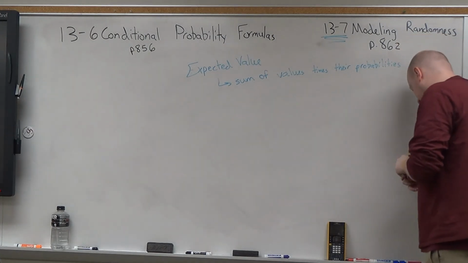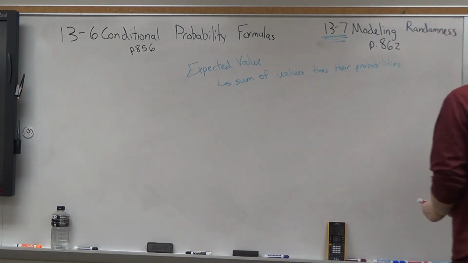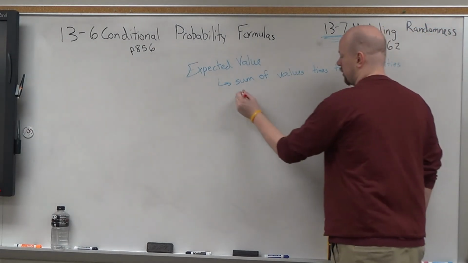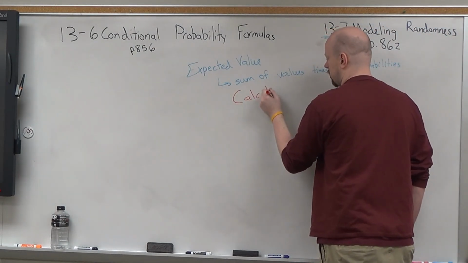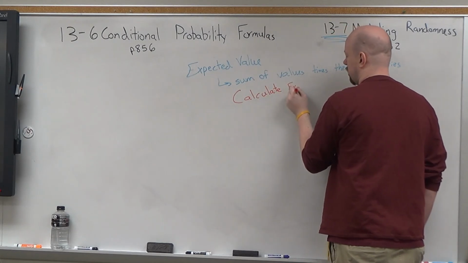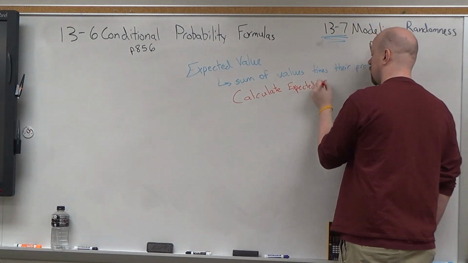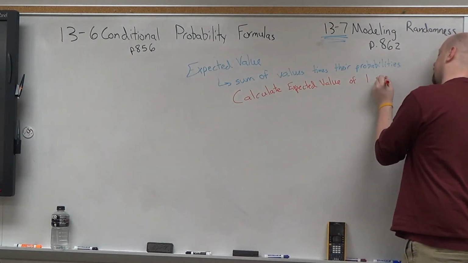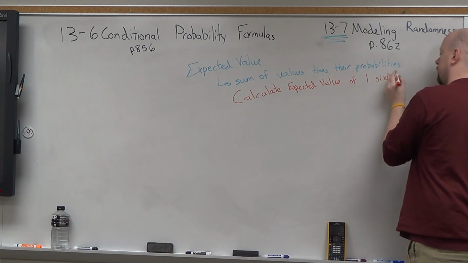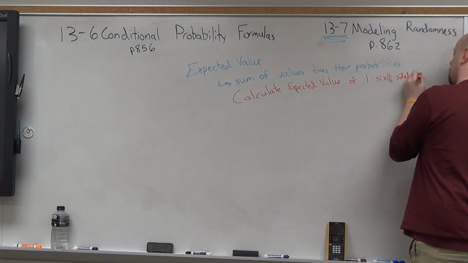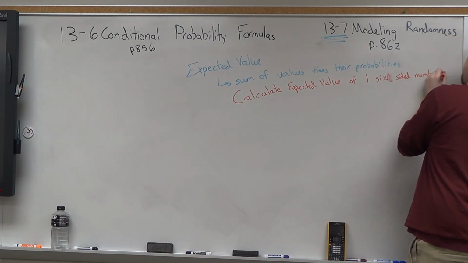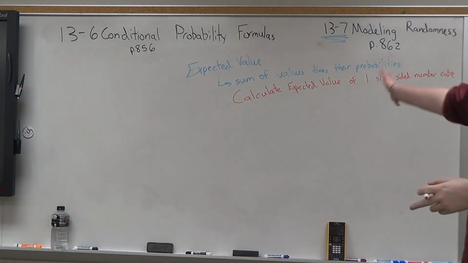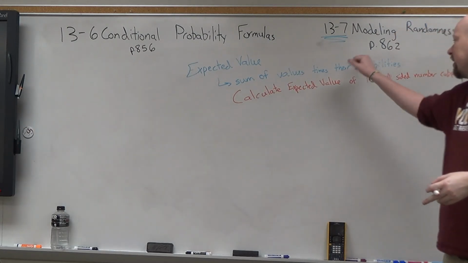It sounds really goofy, but let's do a very easy example, and we're going to calculate the expected value of one six-sided number cube. So the sum means we're going to add them all together, and their values times their probabilities.